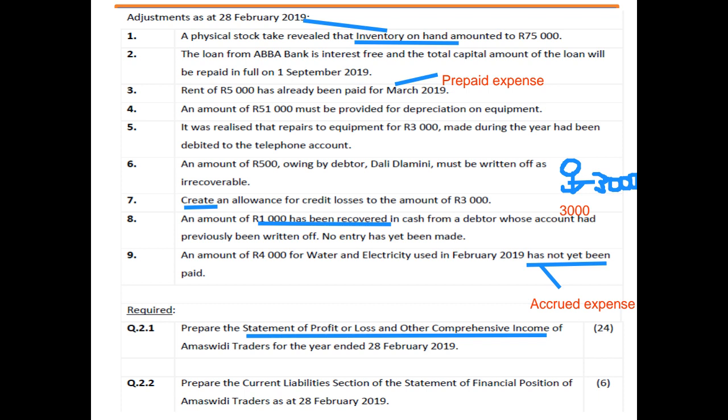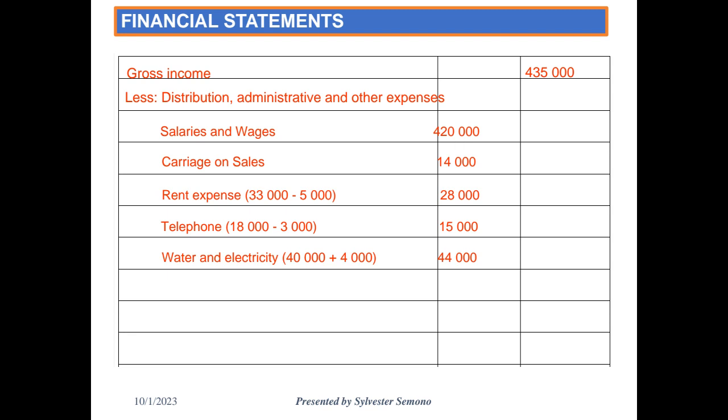But remember, in future you know how to calculate, ne? How much is that depreciation? 51,000. In other words, they did give us the depreciation, but if they ask us how to calculate it, you and I know how. They will give us more information. Yes, that is the depreciation.